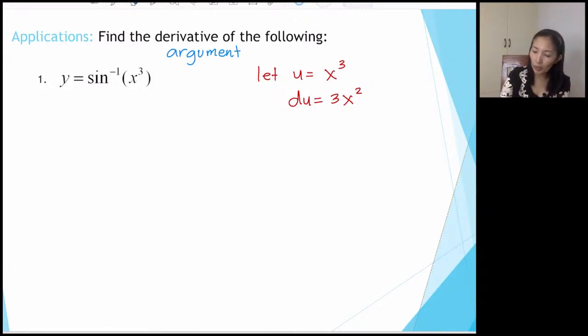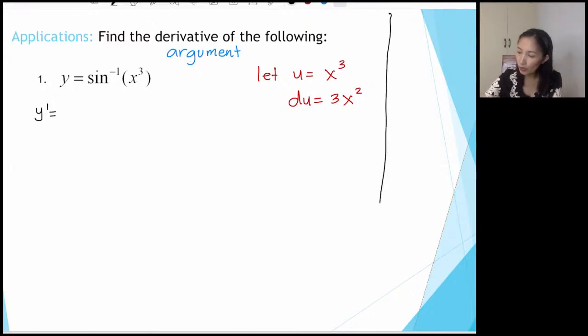So we are ready to get y prime, the derivative of the given. If your function is of the form y equal to arcsine of u, then its derivative y prime is equal to du all over the square root of 1 minus u squared.